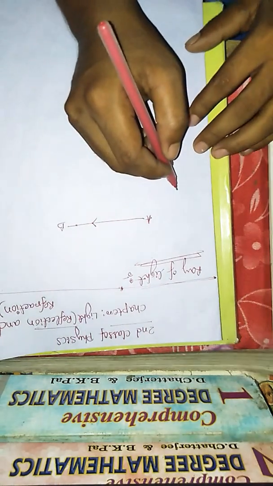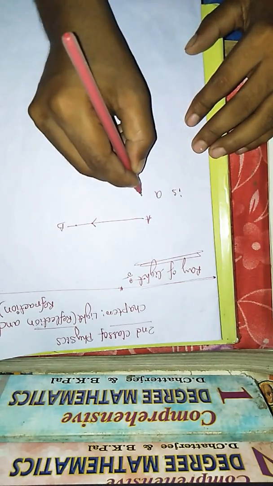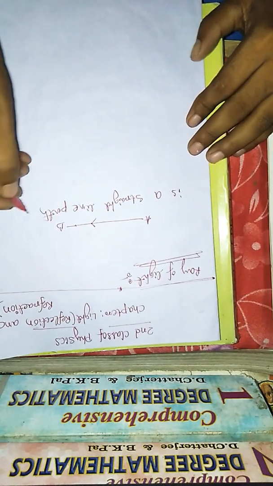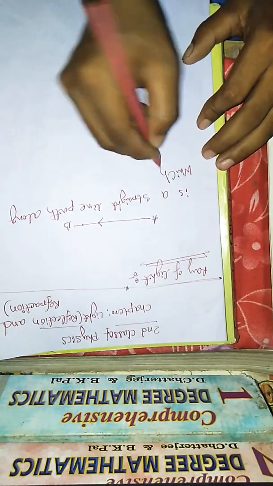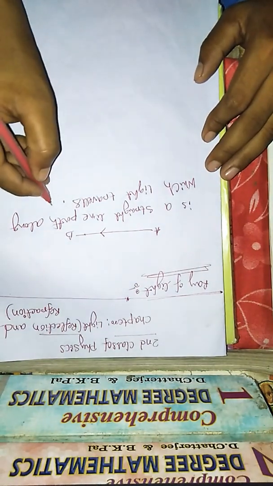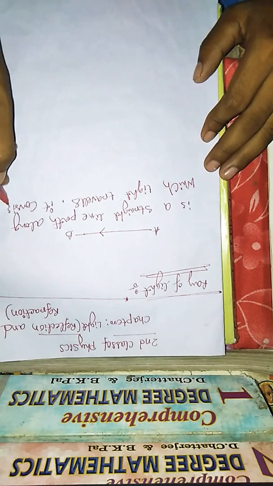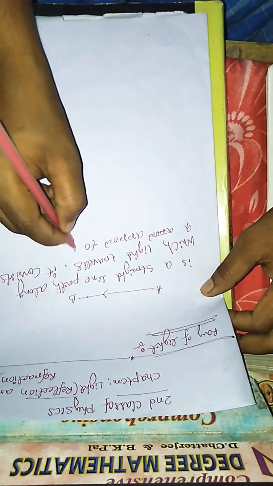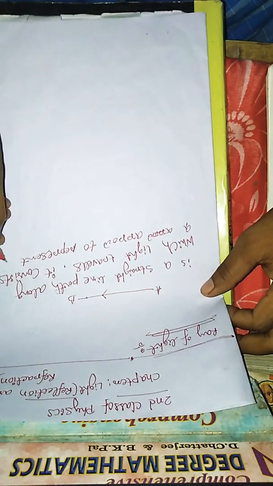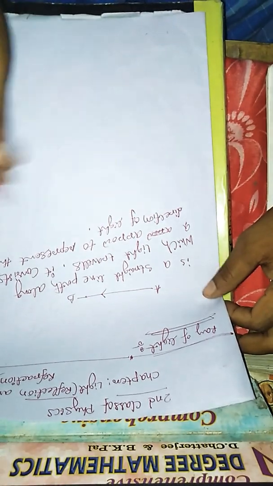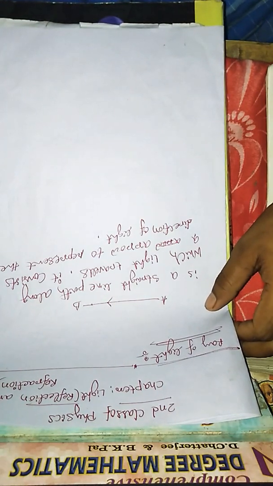So, a light ray is a straight line path along which light travels, and it consists of an arrowhead to represent the direction of light.